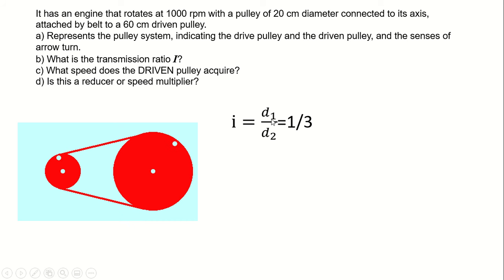Okay. Now calculating the transmission ratio is easy. It is the relation of the diameters. So 1 between 3, because it's 20 between 60, and it's 1 between 3. Okay.